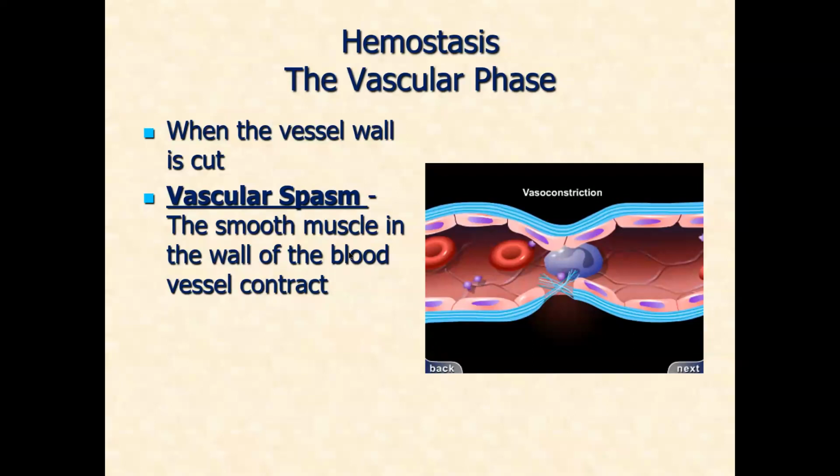So let's go again. The blood vessel gets damaged, starts to bleed out. Vasoconstriction begins via vascular spasm, squeezing down in the area where the blood is being lost. This slows down the amount of blood being lost.